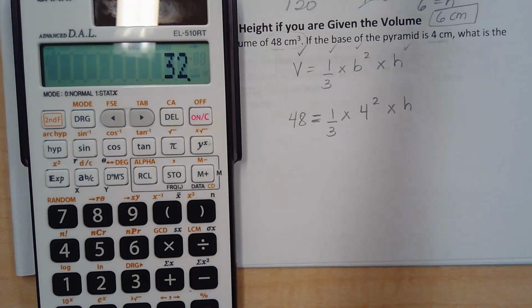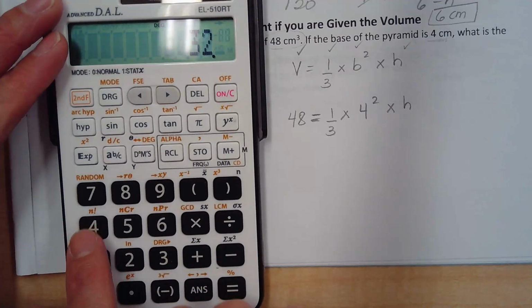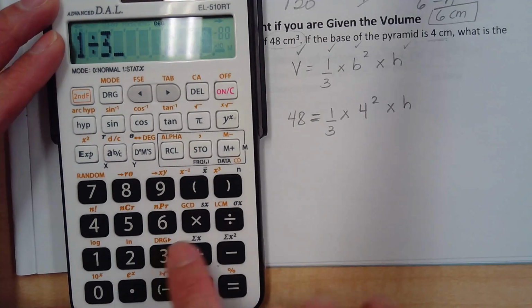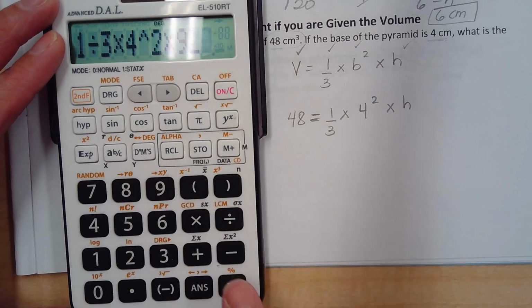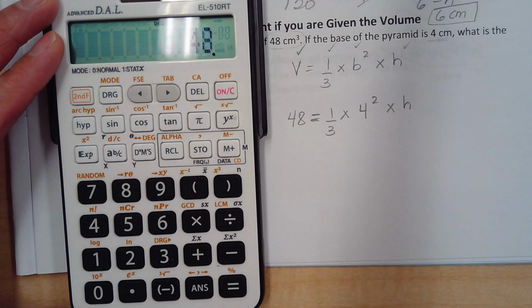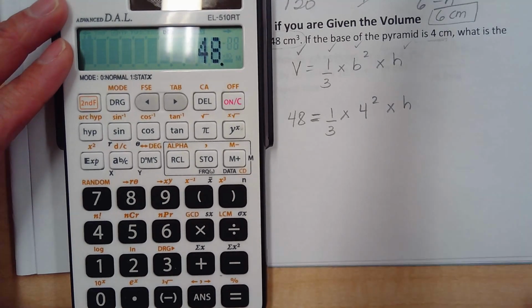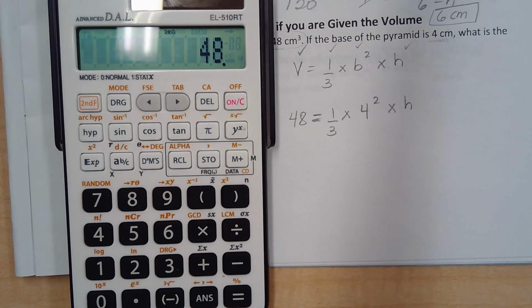Did you figure it out? 9? Okay, we'll try 9. So 1 divided by 3 times 4 squared times 9. There you go, 48. So the h is 9. Okay. So this one here, that's a strategy, trial and error, right? But is there a better way?